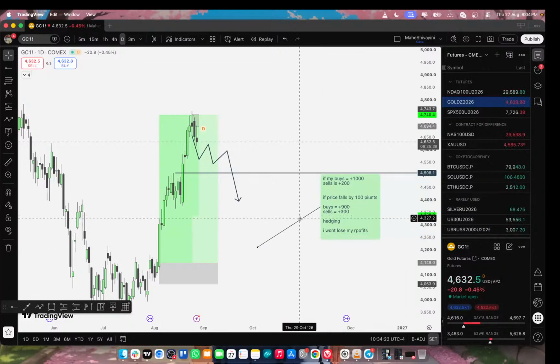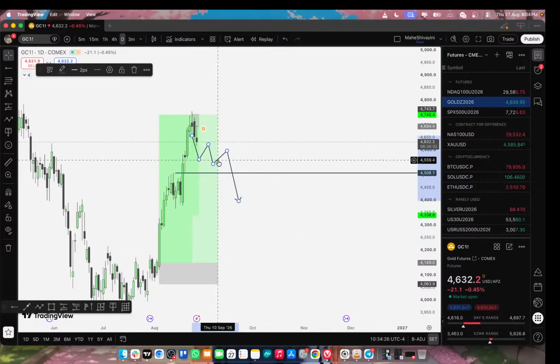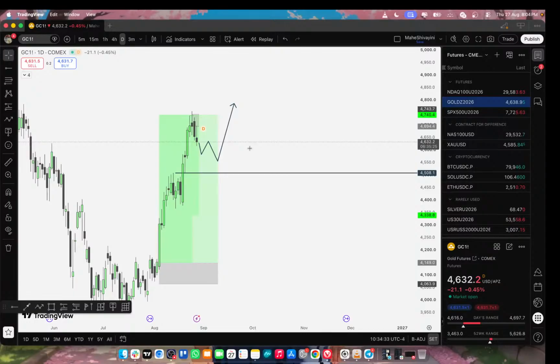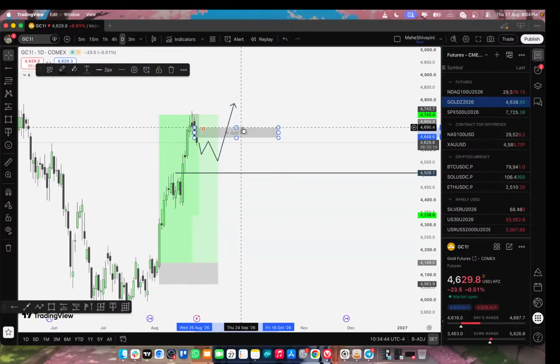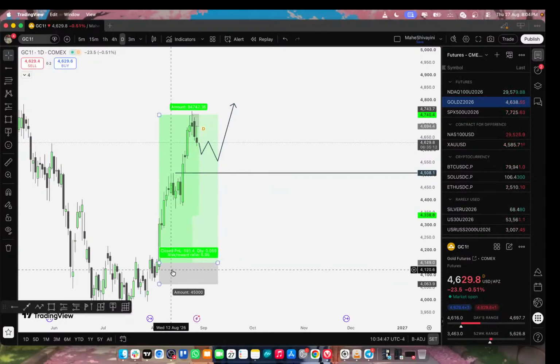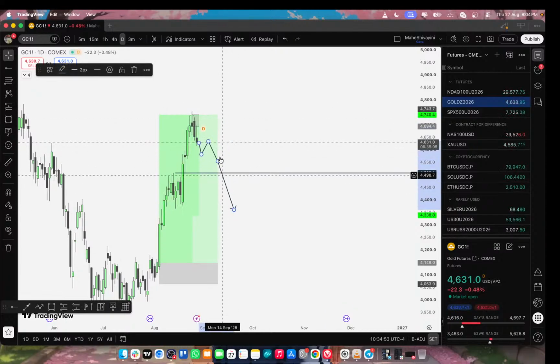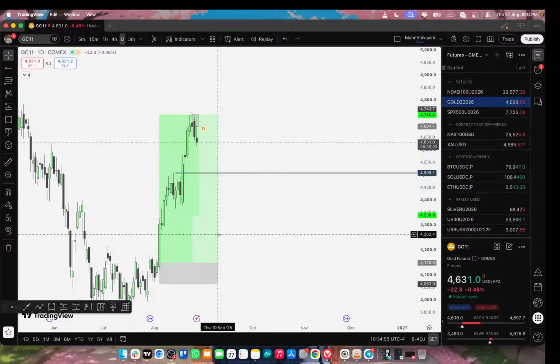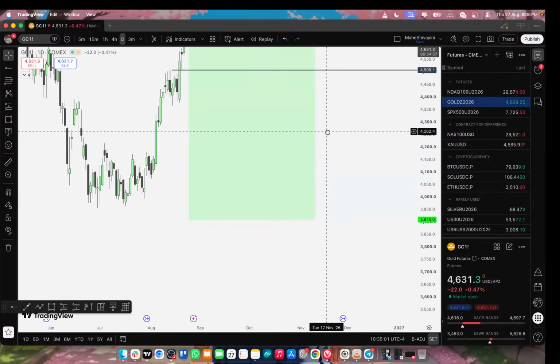But if the price comes and reverses, I will end my sell here. So this sell area is my profit. Also, the price is going up, so my buy will lead me to more profits. But if the price falls down, I will close buys and I will continue sells forever. That's it.